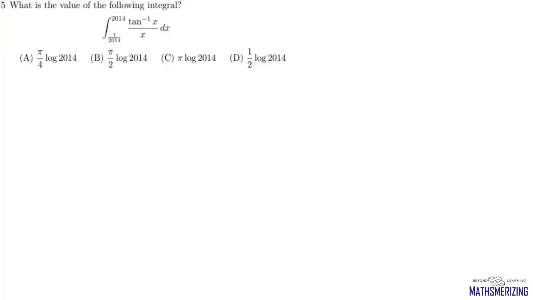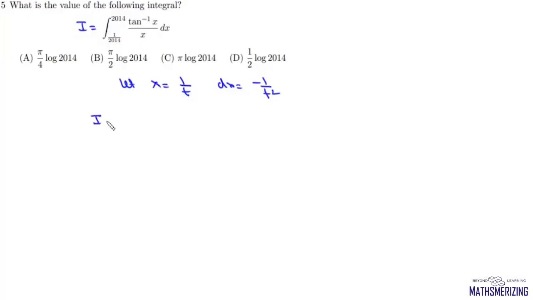Now question number 5 is, we need to solve this integral, say I, which is the integral from 1 upon 2014 to 2014 of tan inverse x upon x dx. Now what we'll do is, we'll let x as 1 upon t, then dx will be minus 1 upon t square.